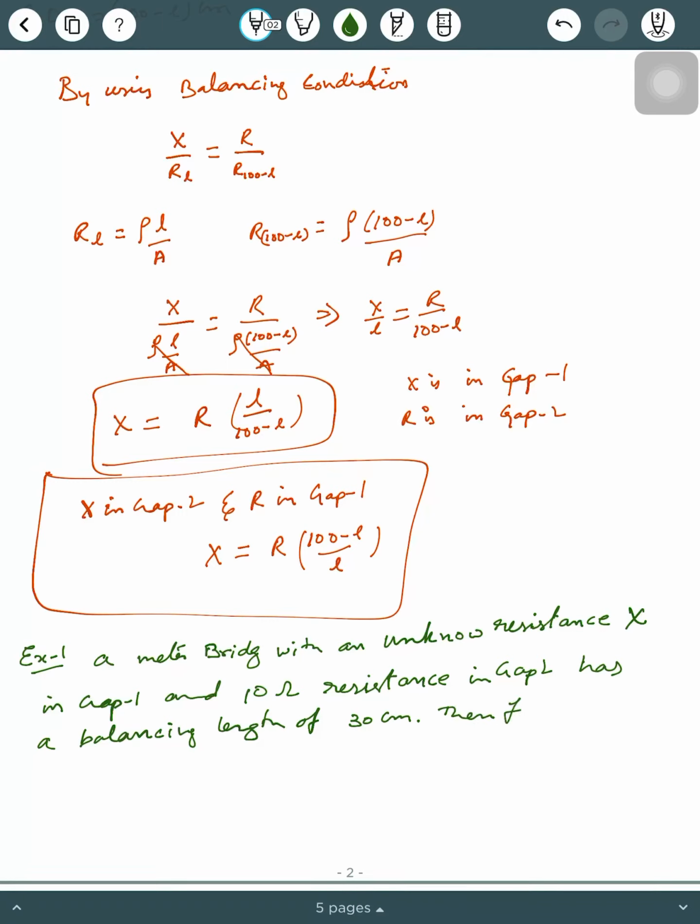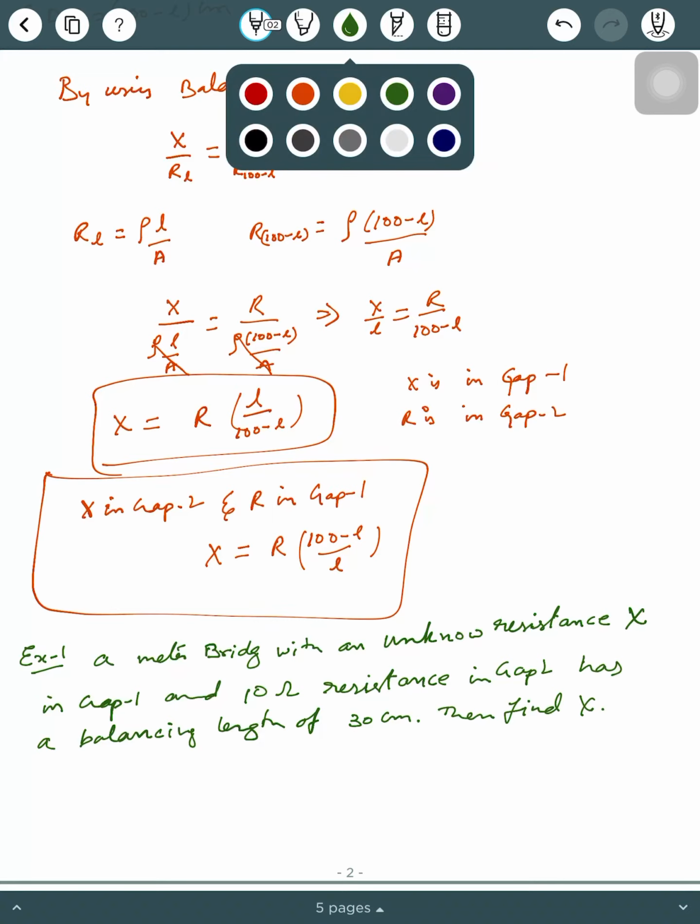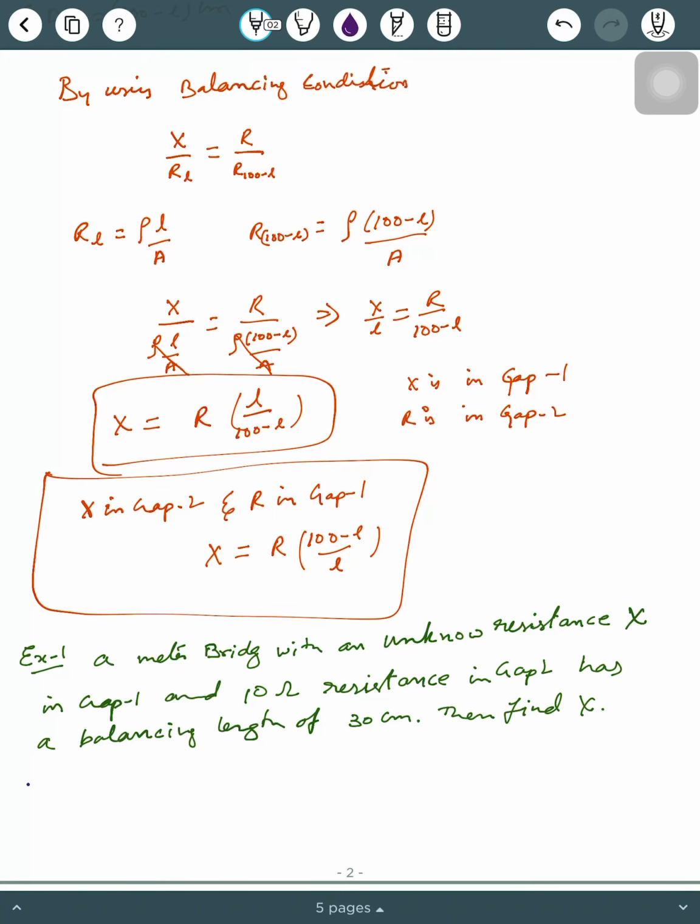Then find X. So, a very simple question, a basic question. Do not expect such questions in board examinations, but still.